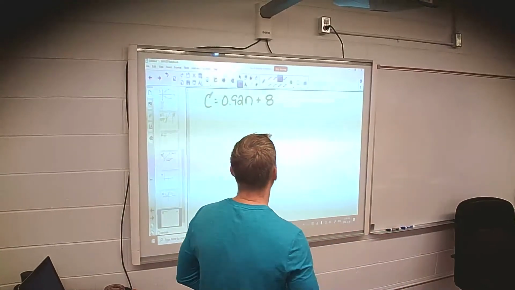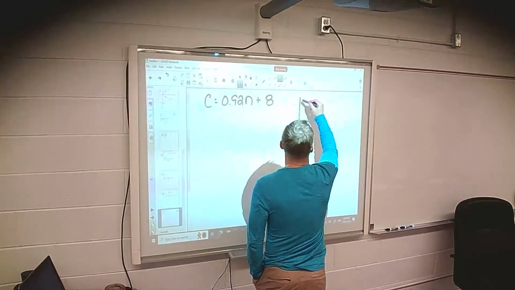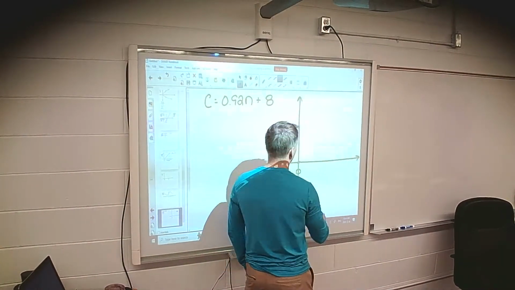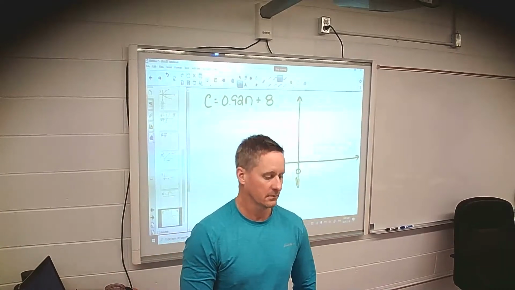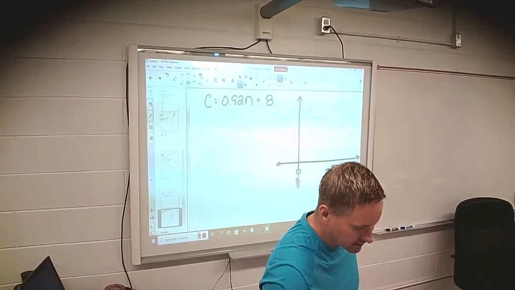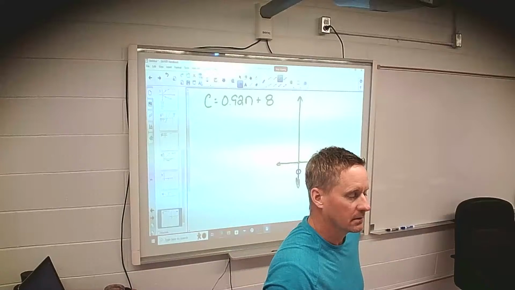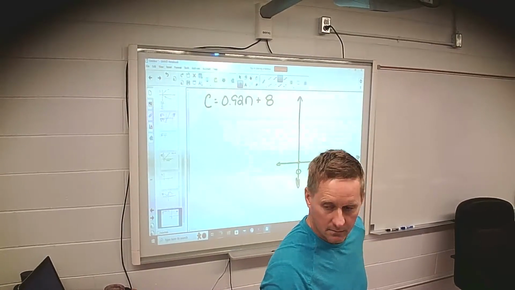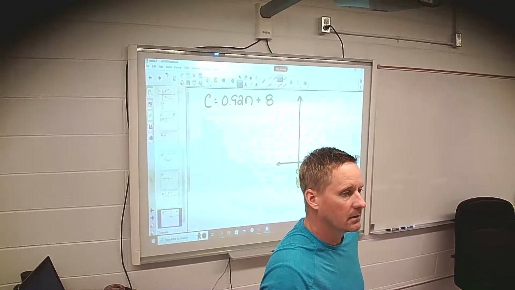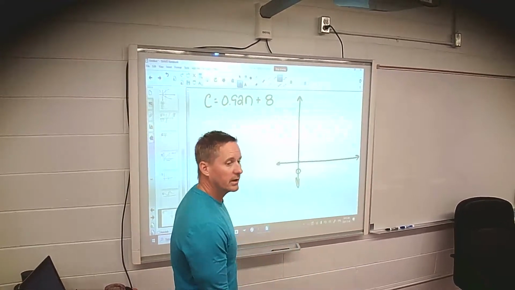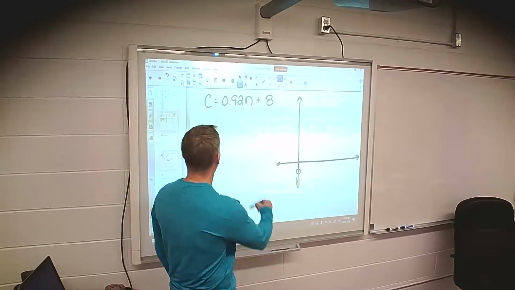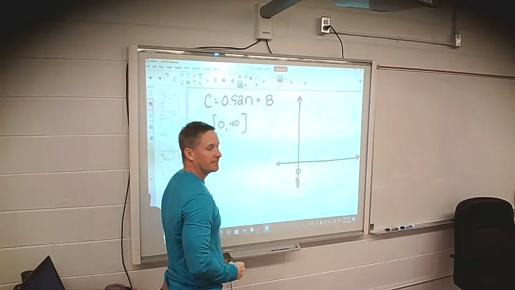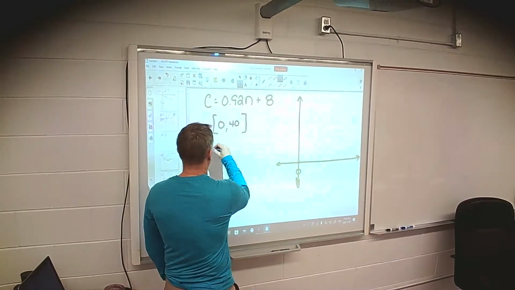So the domain for this graph looks something like this. Starting here is 0 liters. Does it tell you a maximum number of liters? 40. So what is your domain then? Right. And does it include it? Yes. So your domain for this could look something like that. Could look something like this.